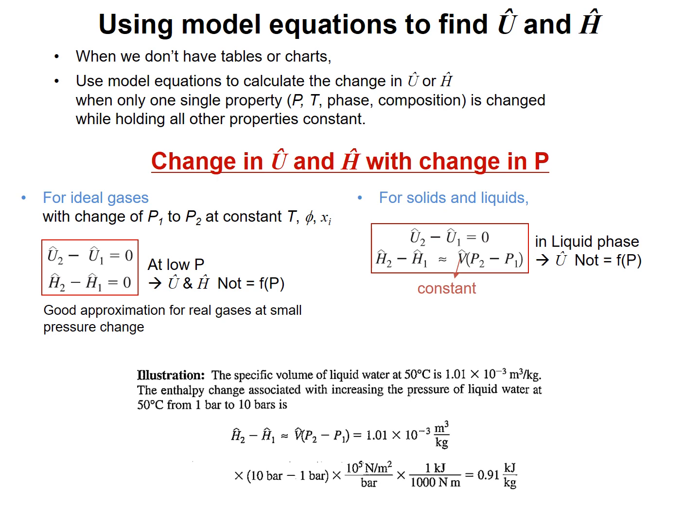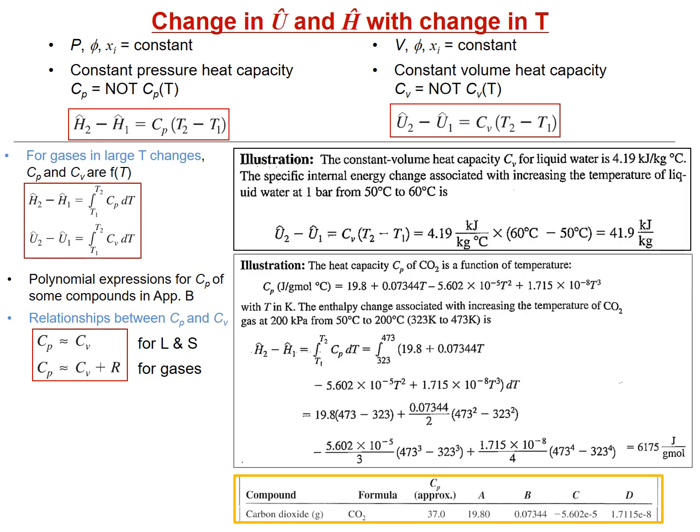So let's go to temperature. Let me calculate the change in energy term with change in temperature. Here are two important equations. The enthalpy change can be calculated by the temperature difference, and the coefficient, the proportionality constant, is the constant pressure heat capacity.